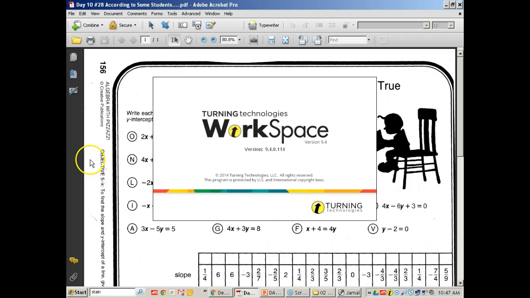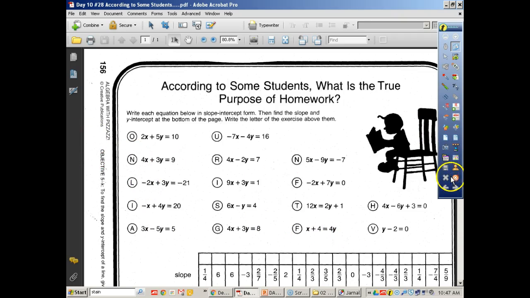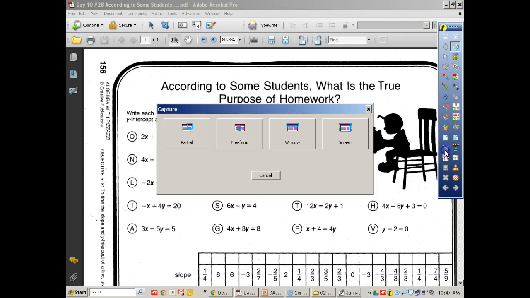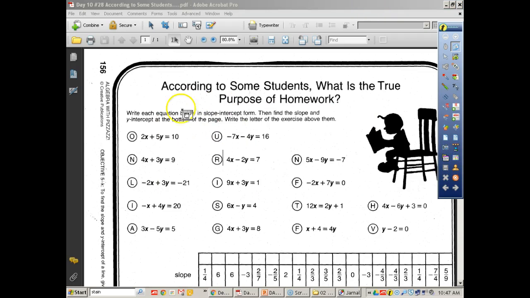Looking at all the equations, what letter? And what gives it away that it's a vertical or horizontal line? Yeah, one variable, one dimension. So yeah, v would be y equals 2. You know that's a horizontal line. Slope is 0.